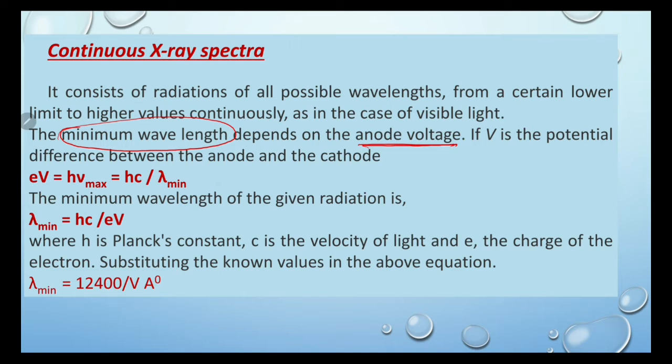If we use c equals nu lambda, then we get eV equals hc by lambda minimum, and the value of lambda minimum becomes hc by eV, where h is the Planck's constant, c is the velocity of light, and e is the charge of the electron.